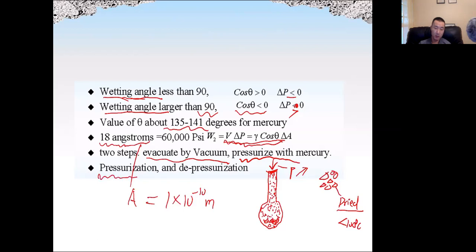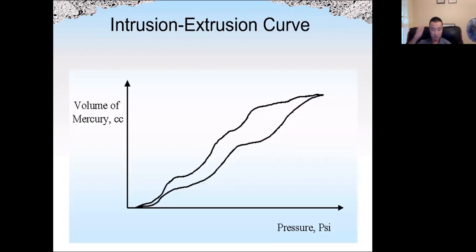We call that pressurization. Later on, we slowly reduce the pressure, so as you can imagine, mercury will be extruded outside the pores. We call that depressurization. The first step is to increase the pressure, and then we reduce the pressure later on.